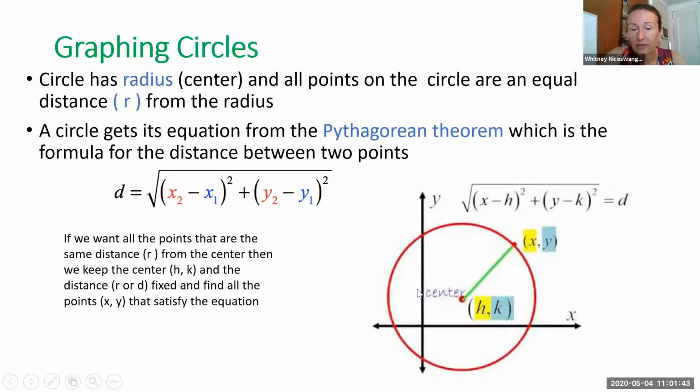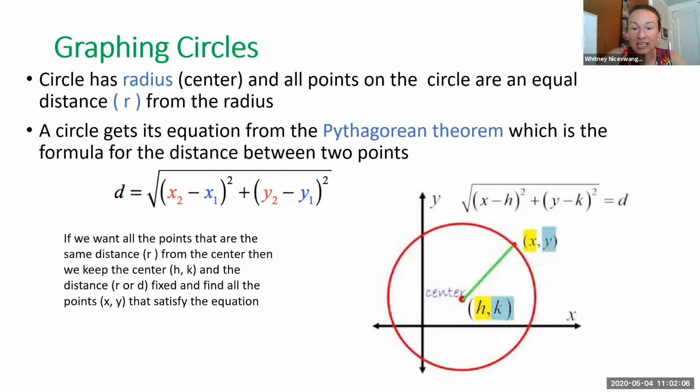So the center of our circle, we're going to use the letters H and K just like we did for the vertex of our parabola. H and K are representing the center of our circle. And then X and Y are all the points that are the same distance away from that center of the circle. Okay.